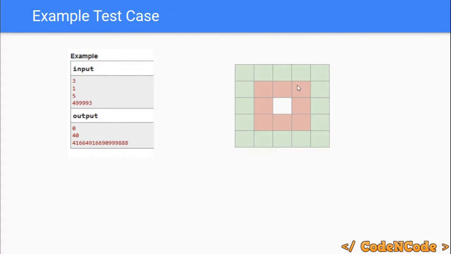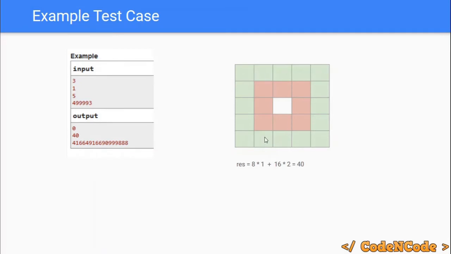So from all red zone cells you can bring all of the figures into the center cell in one operation. In total there are 8 cells in the red zone, so it would contribute 8 times 1 to the result, because there are 8 cells which can be brought to the middle cell in one operation.